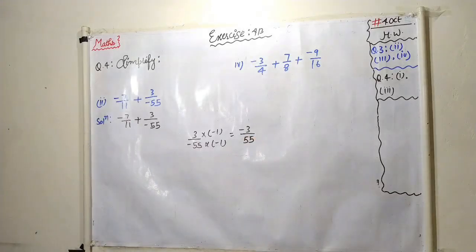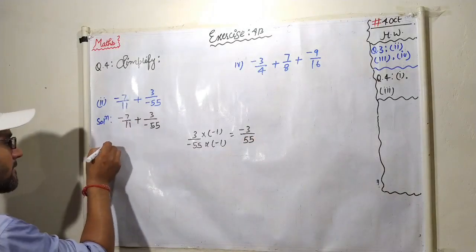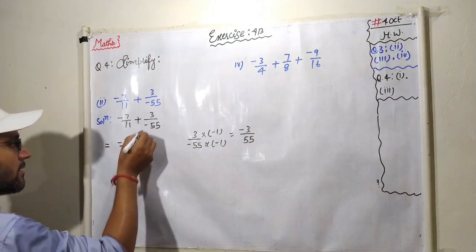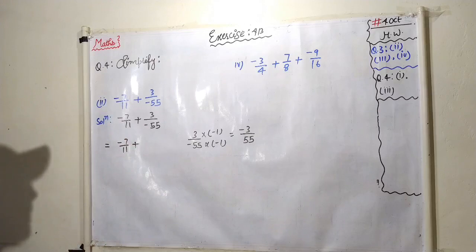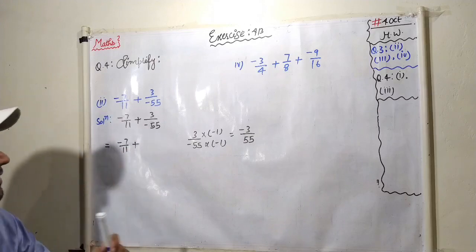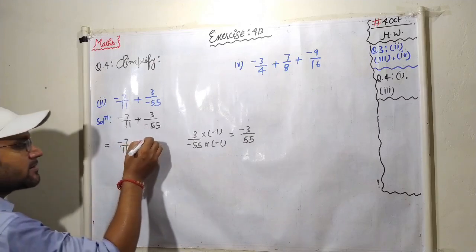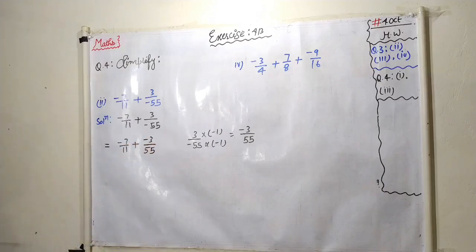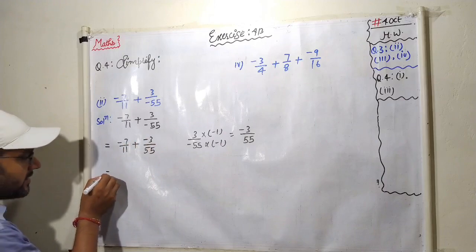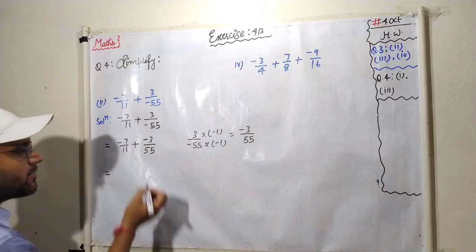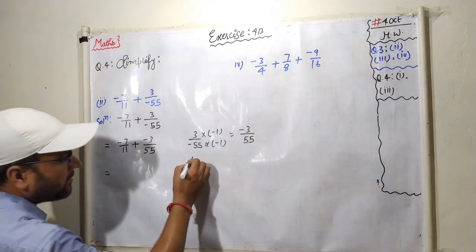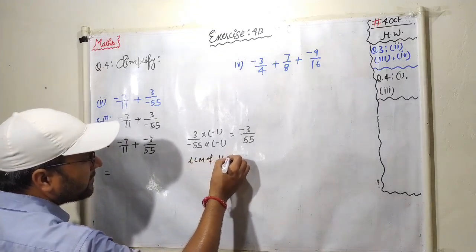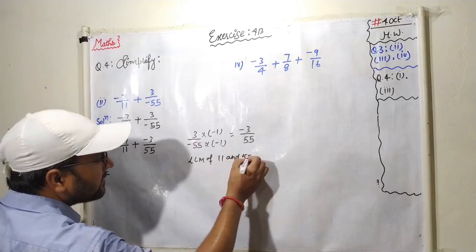Okay. So same as it is, you will change this one. Minus 7 upon 11 plus, in place of 3 upon minus 55, you will write minus 3 upon 55. So in the next case, students, 11 and 55. What is the LCM of 11 and 55? Very easy. It is understood.